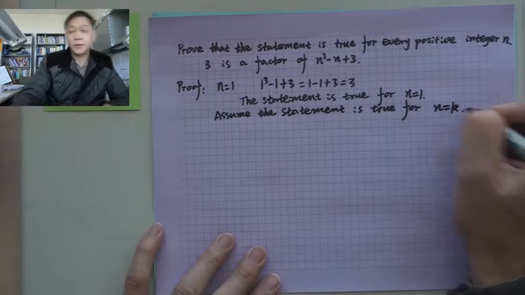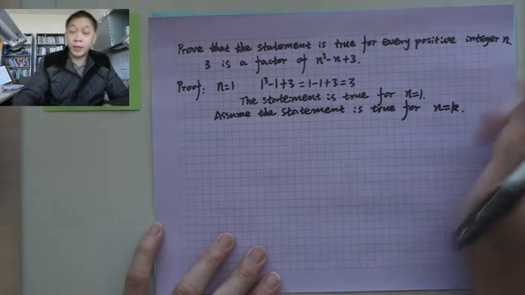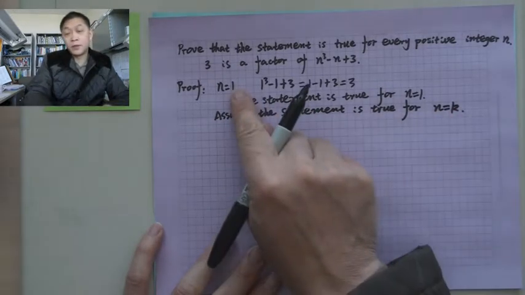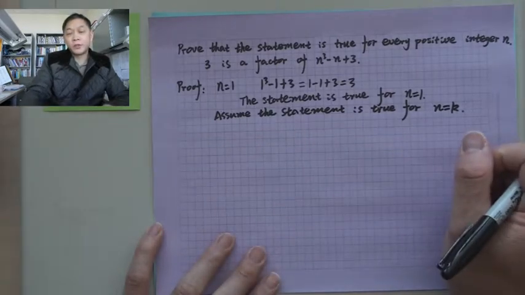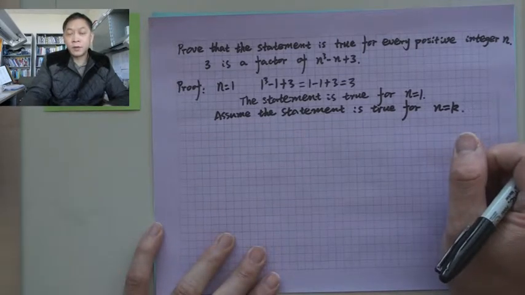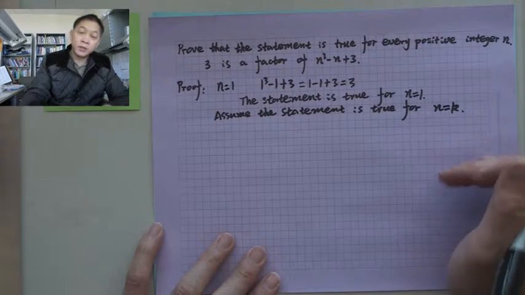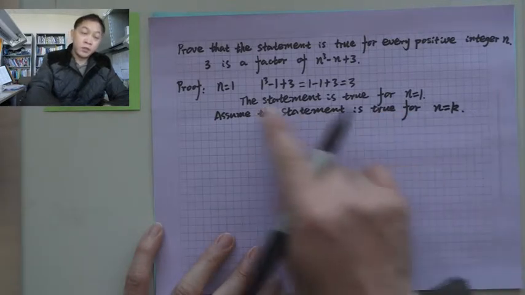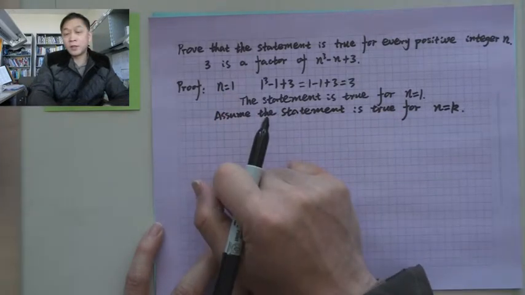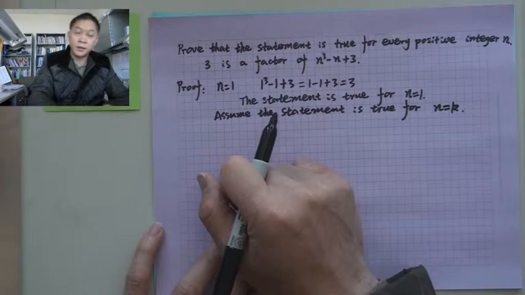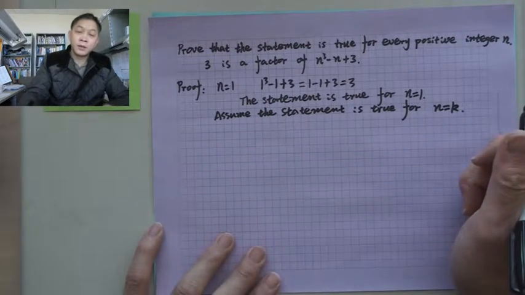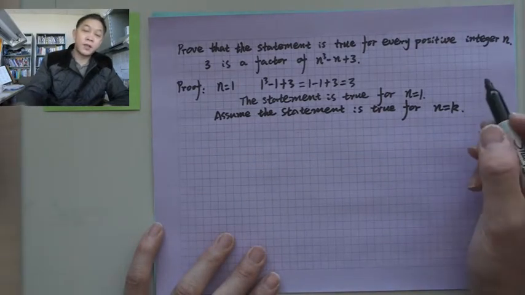Then k at least can be 1, so you have a base. From here you can start. So the first step is really necessary.